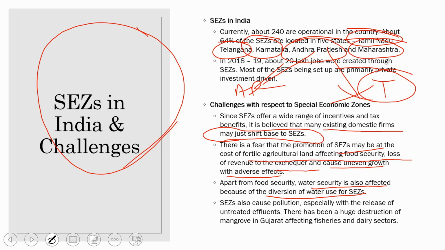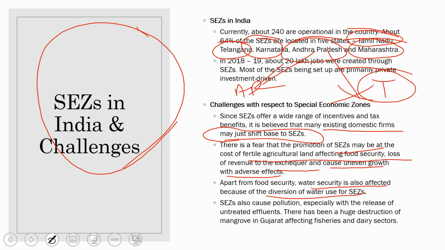If you go to the Infosys SEZ, we have seen that they produce their electricity from the solar panels present there. Then whatever food the employees waste goes into biodegradable waste, and the gas generated from it is used for cooking. So mostly they try to be independent, they don't try to depend on the government side. Okay, and SEZs also cause pollution in some cases, but the Infosys one is not like that.